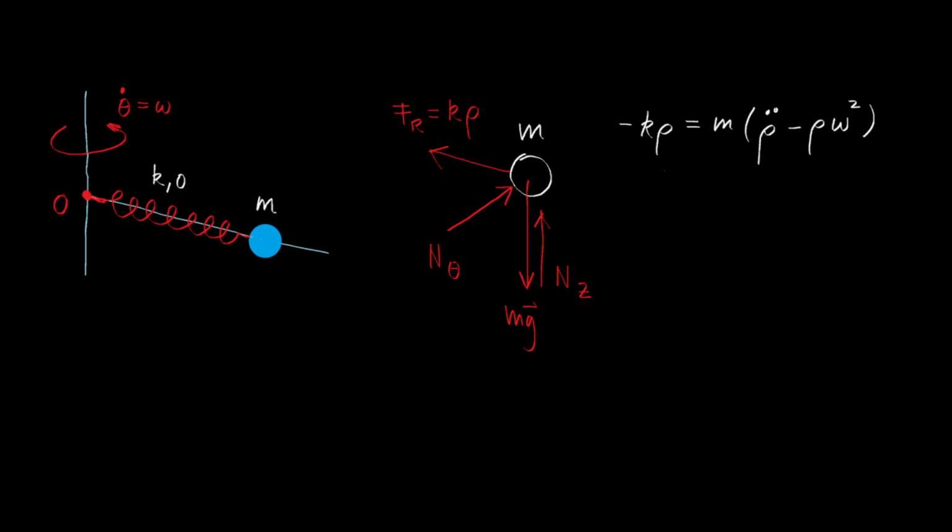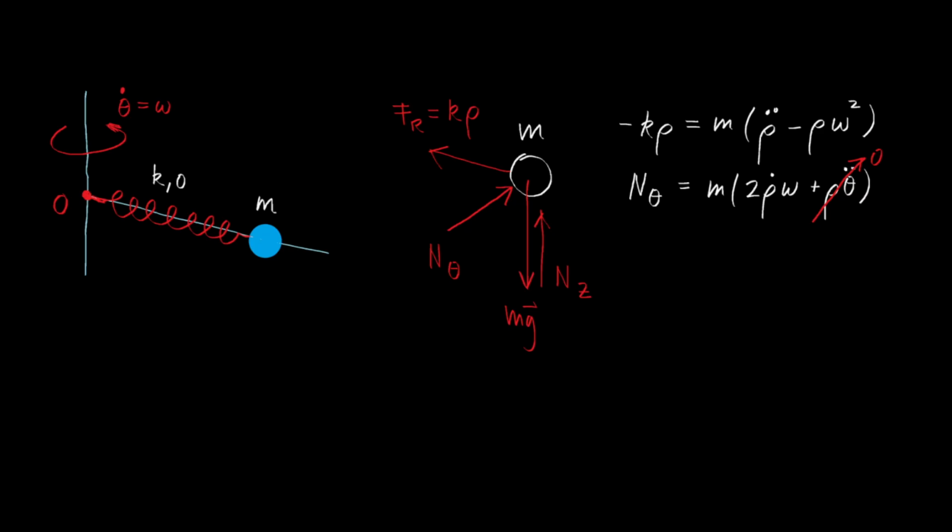In the transversal direction, Newton's second law is written as n sub theta equals the mass times the acceleration in the transversal direction written in polar coordinates, which is 2 times rho dot times theta dot, which is omega, plus rho times theta double dot. Well, in our case, the system is rotated with constant angular velocity, so theta double dot is 0. This term vanishes here.